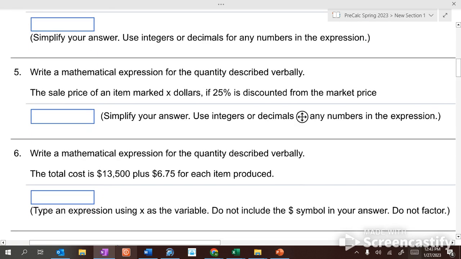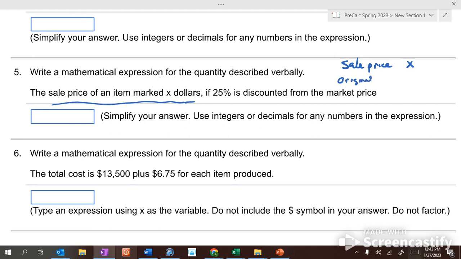Okay? Sale price of an item marked at X dollars if 25% is discounted from the market price. Okay. So the sale price is X. What was the original price? Well, X would equal 0.25 times the original.